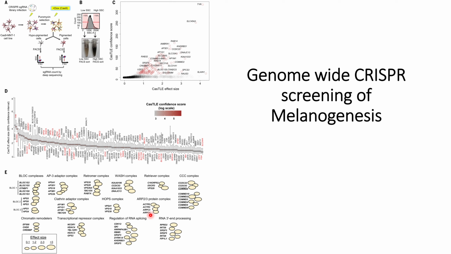In this case they are related to the regulation of RNA splicing, and in the other case, in the AP3 adapter, they form a complex. These genes combined together form a complex. So these are the genes that they were able to identify which get affected whenever there is low melanin formation.